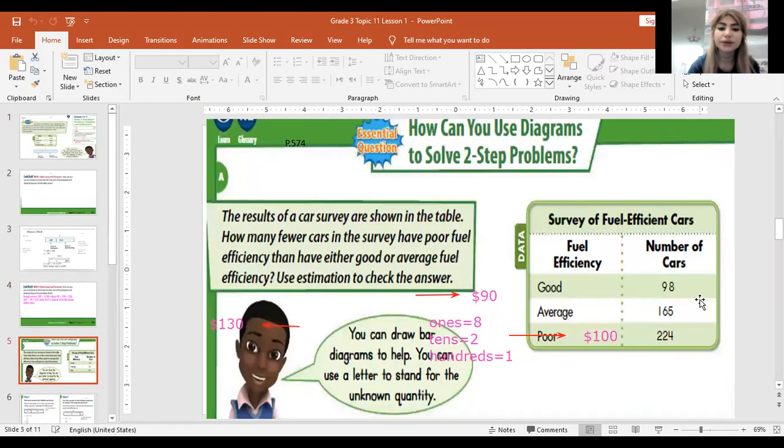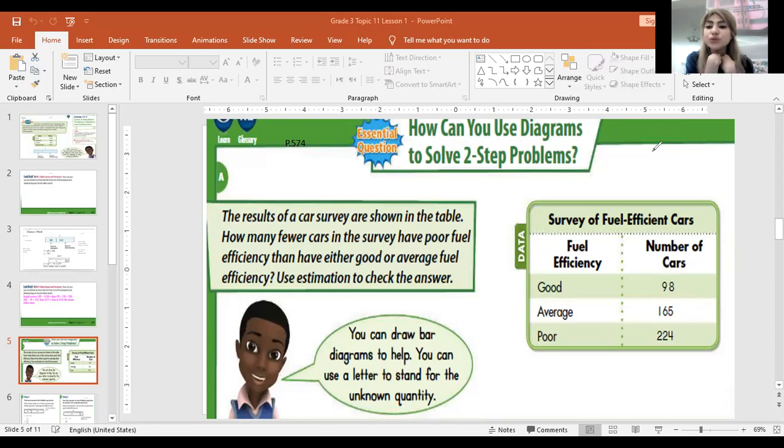Let's go see here. He is telling me the results of a car survey are shown in the table. How many fewer cars in the survey have poor fuel efficiency than have either good or average fuel efficiency? Use estimation to check the answer. So the first thing in any problem, I have to know what's the question.